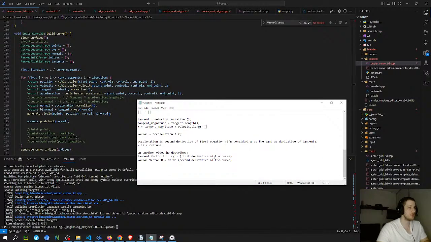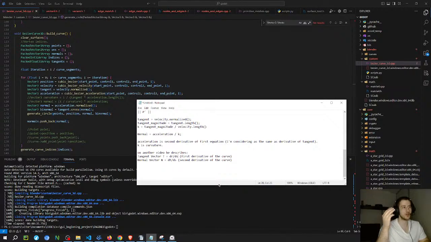But then in another video, he says that the normal is just the second derivative, as far as I understand now, based on the notation that he puts, which I might be misinterpreting. But is the second derivative of the first equation, which is the equation that defines the position. So he puts, I think, the derivative of the tangent, but he describes the tangent as being the derivative of our relationship to S, which is... This part is the one that I might be confused by because of the notation.